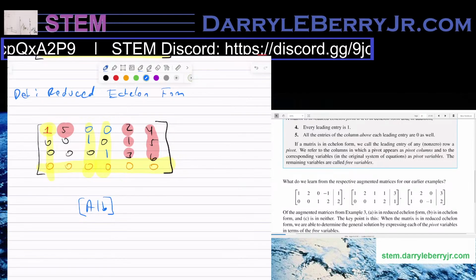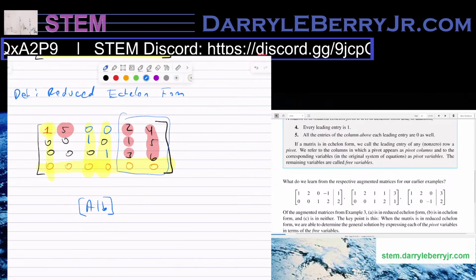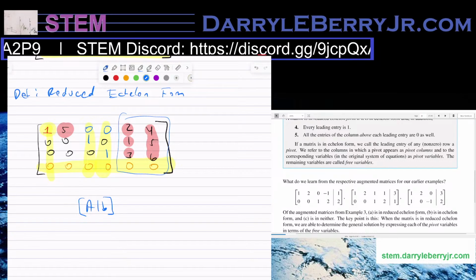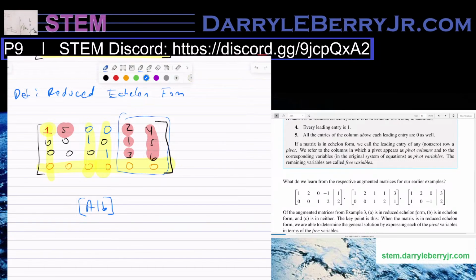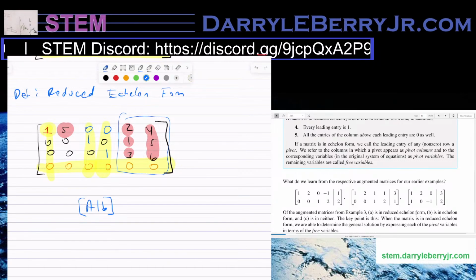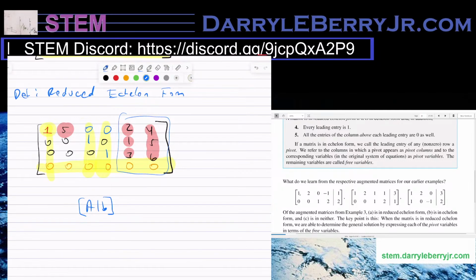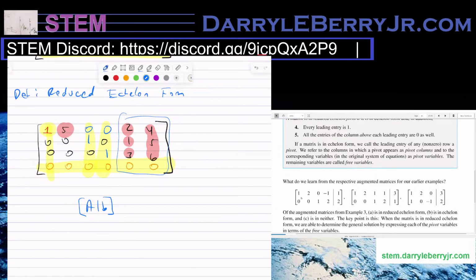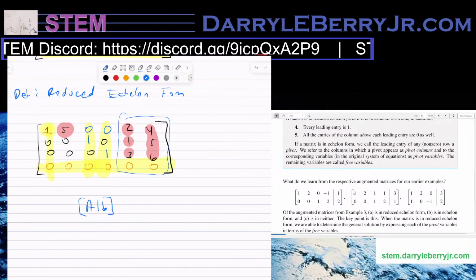That means these columns don't stop it from being reduced, as long as the leading entry in any row is a 1 and is the only number that's not 0 in that column. That's another way to put it. The leading entry here is a 1, and that 1 is the only non-zero number in that column. It doesn't matter what else happens on any of the other rows or later in that same row.